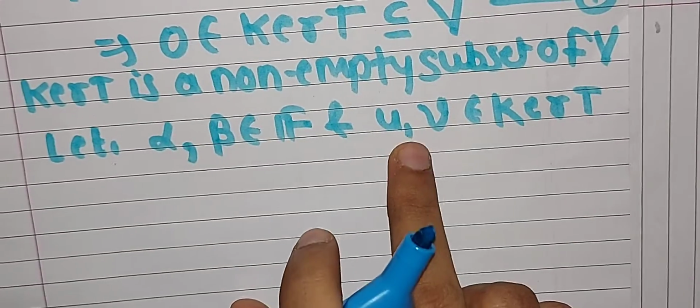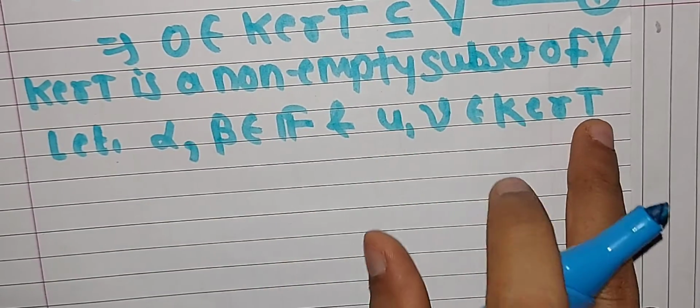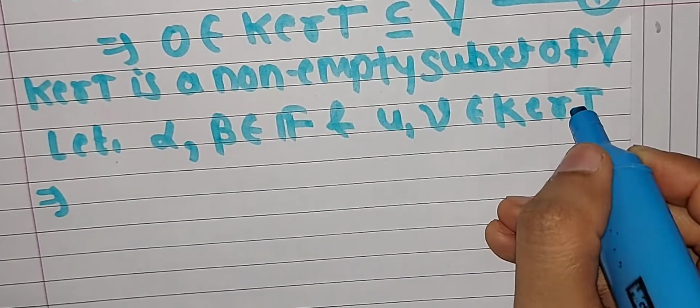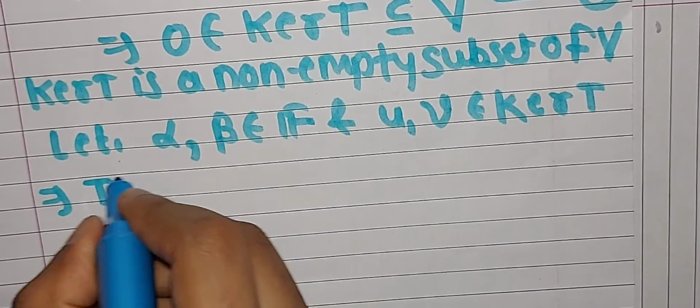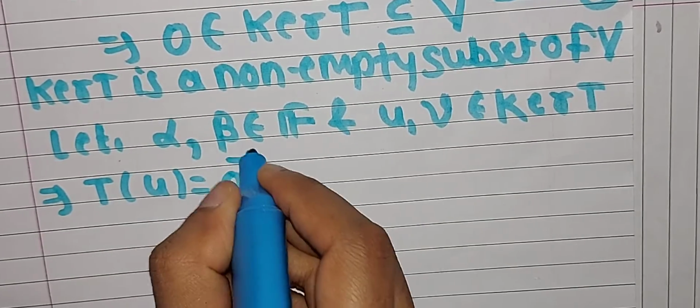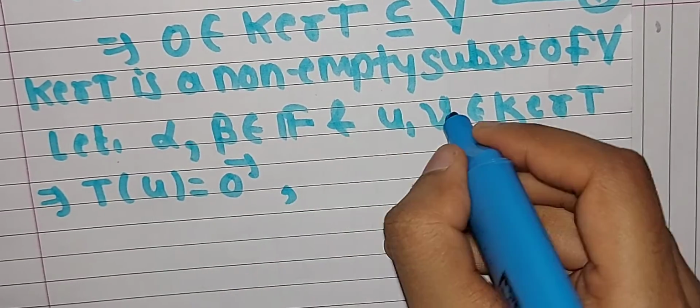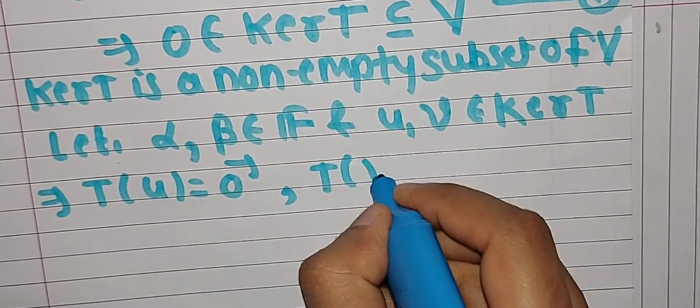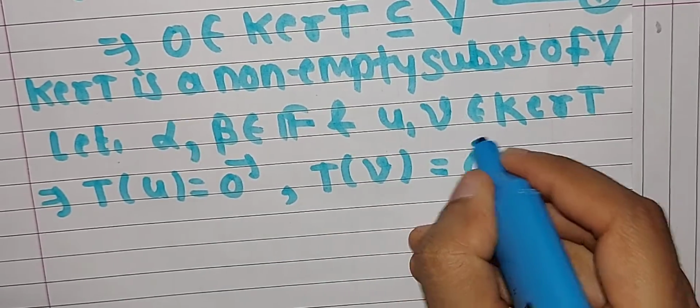Therefore, since u belongs to the kernel of T, that implies T of u is equal to 0 bar. Similarly, as v belongs to the kernel of T, with the help of the definition we can write T of v is equal to 0 bar.